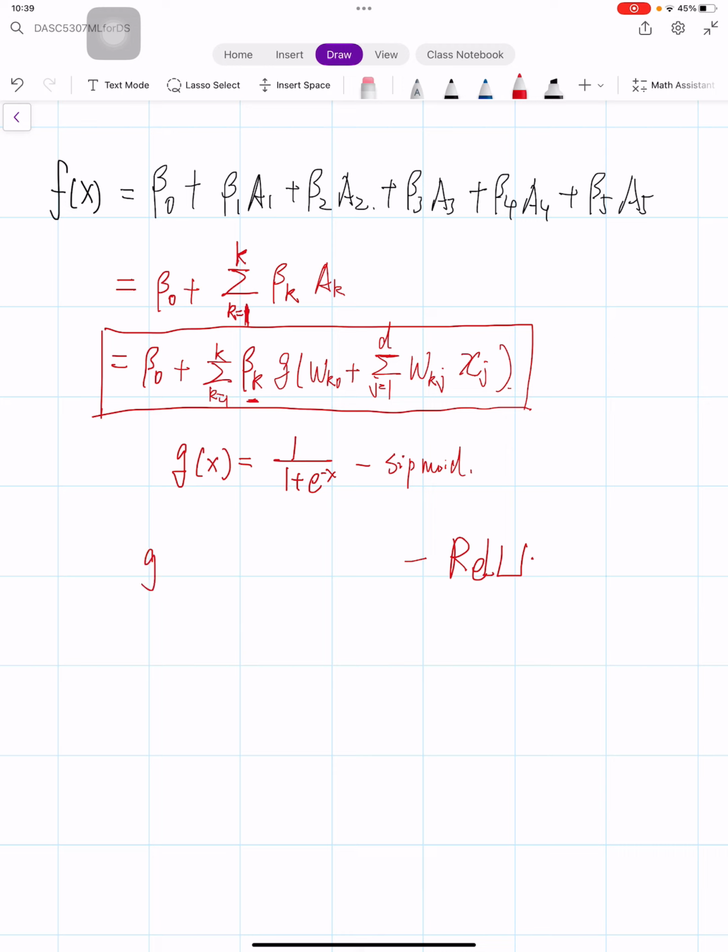This function actually is easy. This is represented by the positive part of a number, which can be represented as a stepwise function. If z is less than 0, we get 0. If z is positive, we just use z.